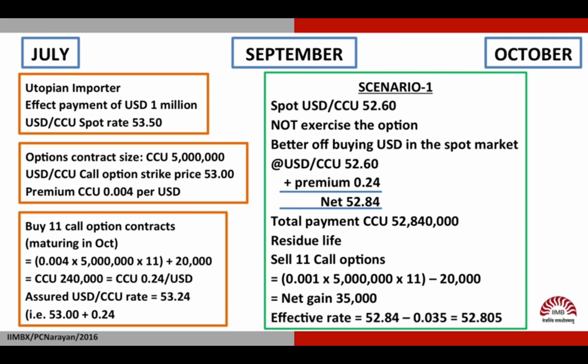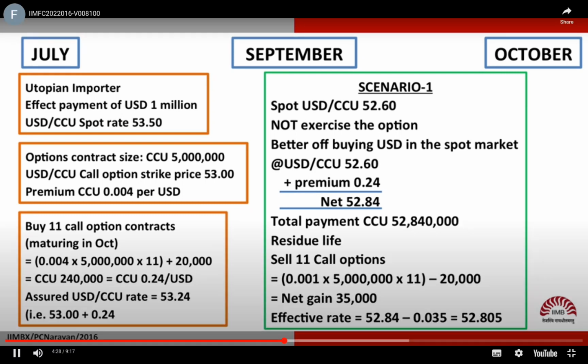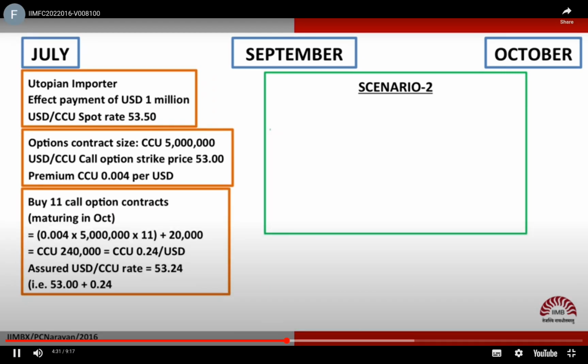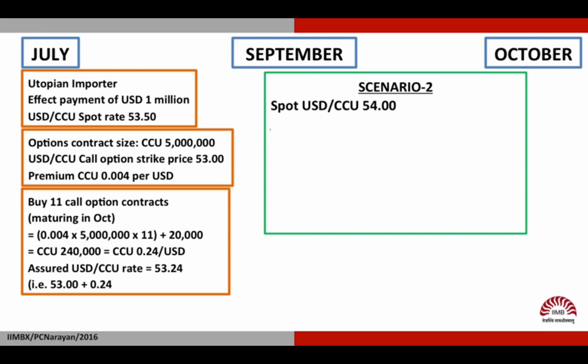Therefore, the effective rate for the Utopian importer will be 52.805.